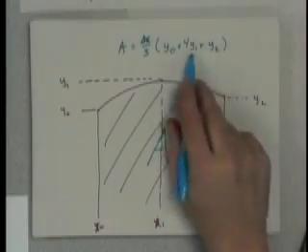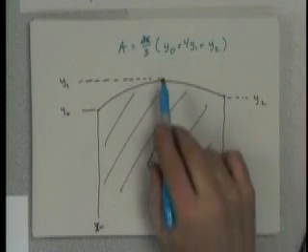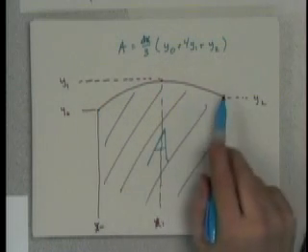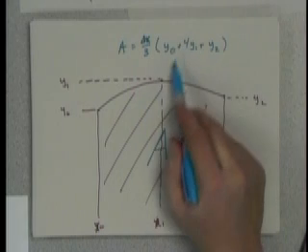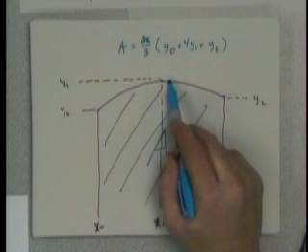Now, I only use 3 points here. So you can get the area under a parabola by taking the left endpoint and the right endpoint, and 4 times the midpoint. It's kind of an interesting little formula.